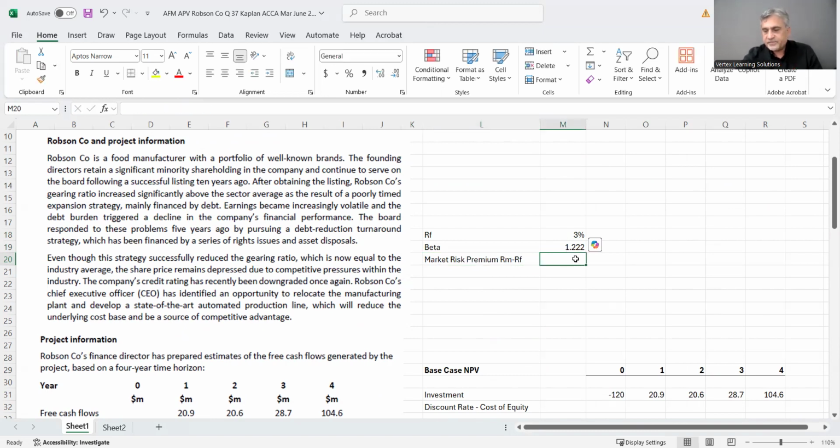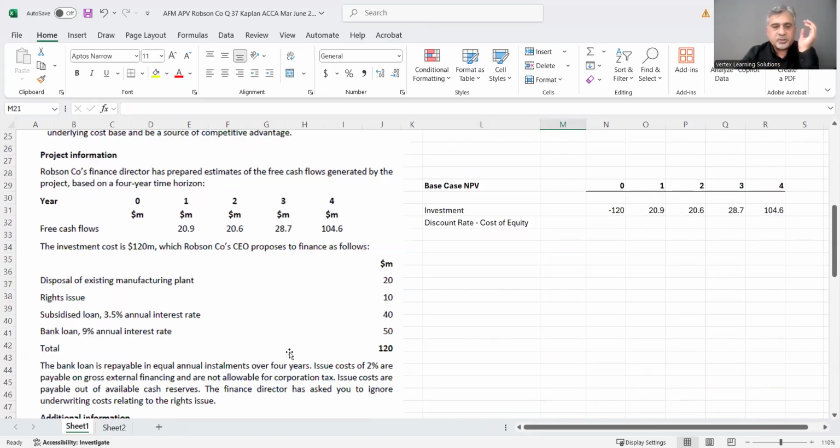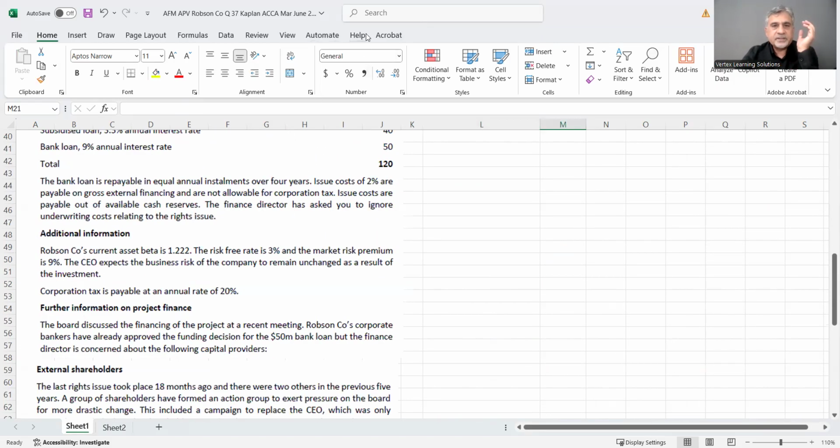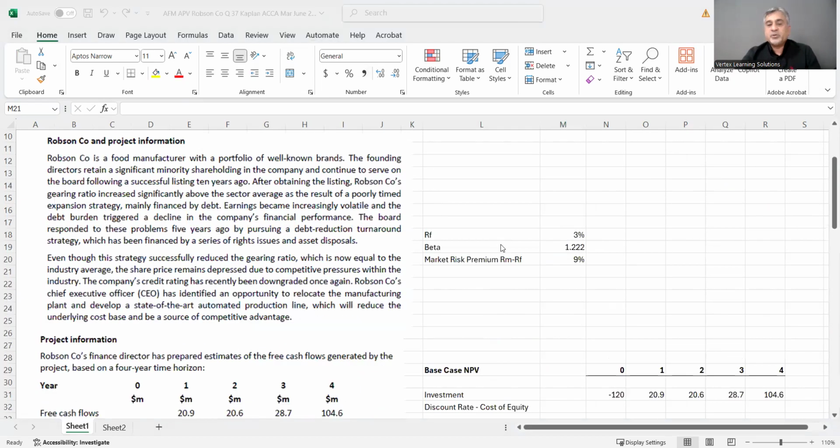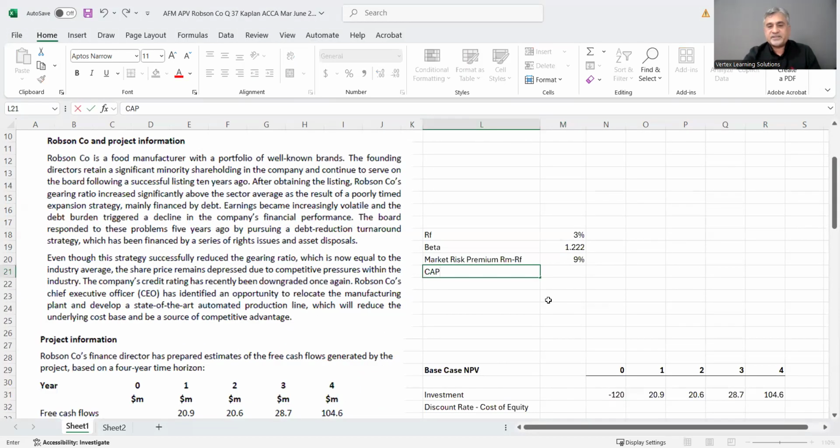And the question told us here that the risk remains unchanged, which means that this beta will not change. I can use this beta to calculate using my CAPM. I will use my CAPM to calculate cost of equity.